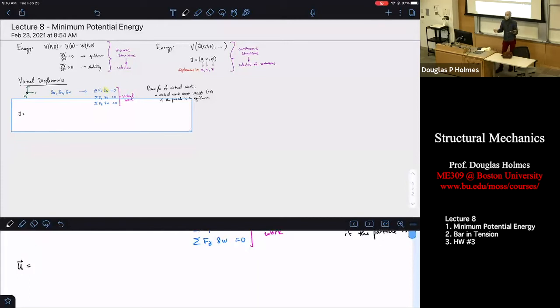U is some arbitrary function. Imagine I pull on this thing in some crazy way. The displacement of this object, maybe it's linear, maybe it's quadratic from one edge to the other, but it's some function of position.